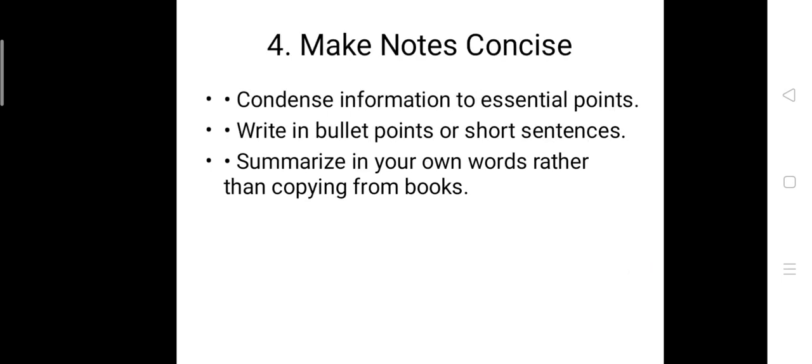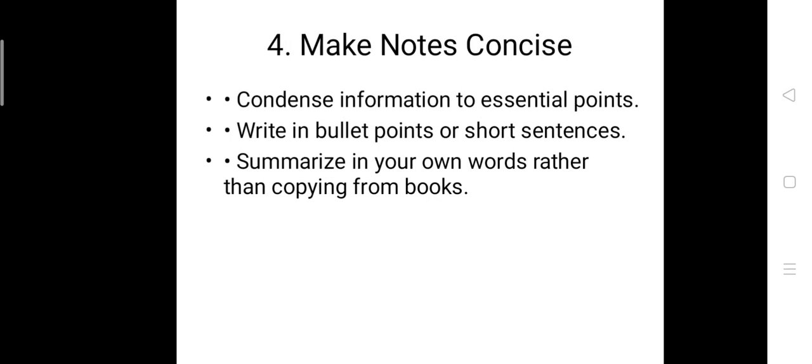Next, make notes concise. Condense information to the essence, write in bullet points or short sentences, and summarize into one word rather than copying from the books. This is crucial because if you write in your own words, it is easy to revise. It happens as you go through the chapter multiple times.